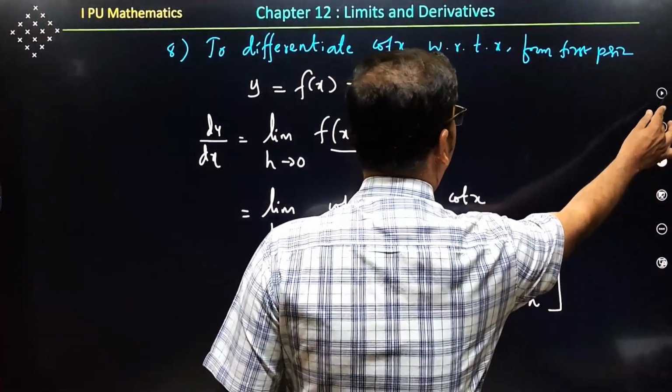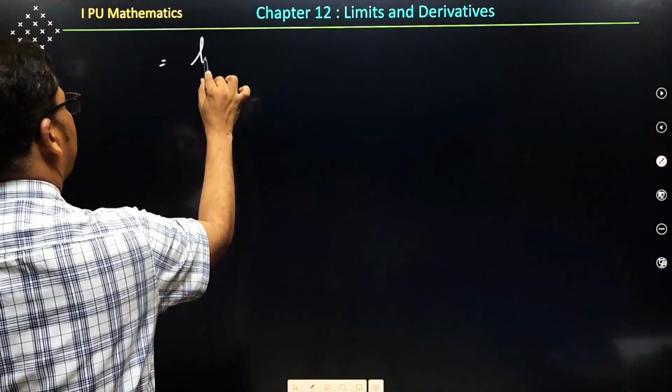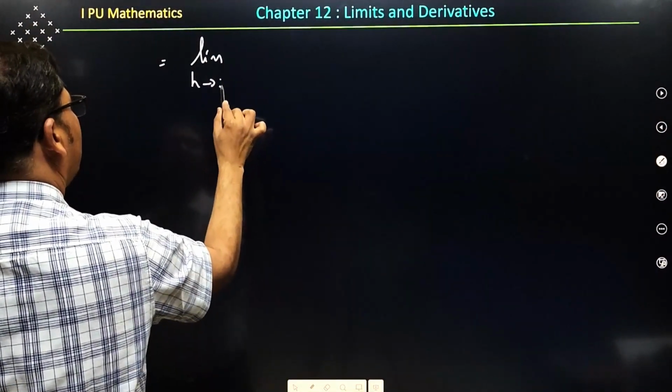Limit h tends to 0. This is equal to limit h tends to 0.